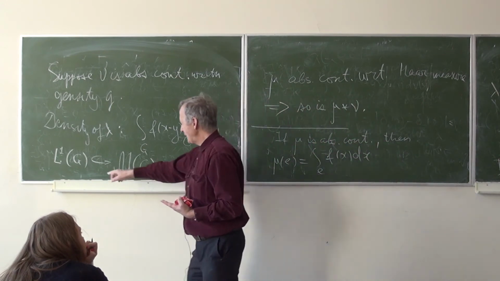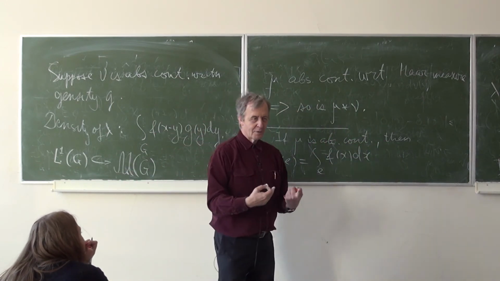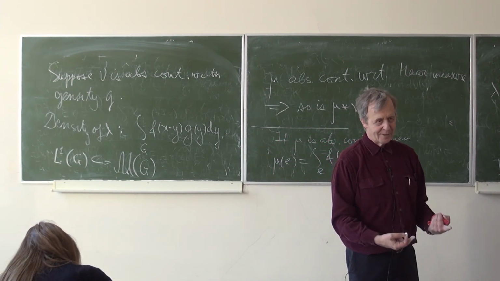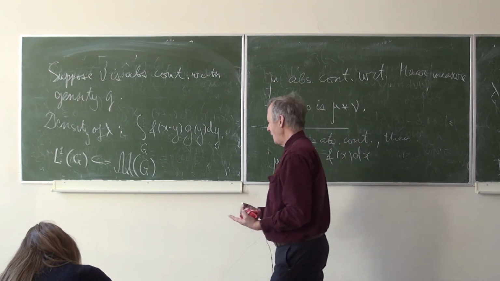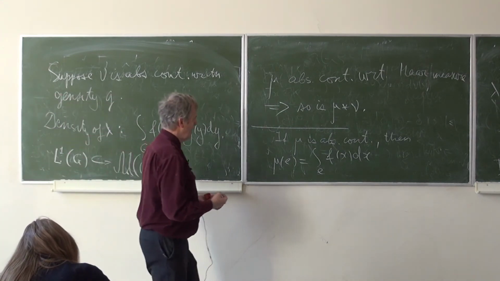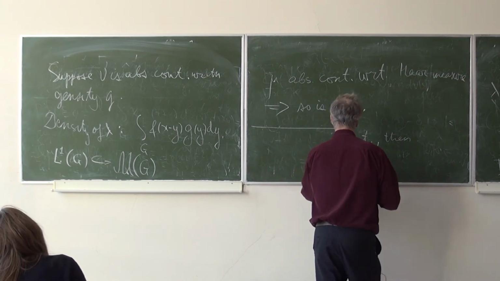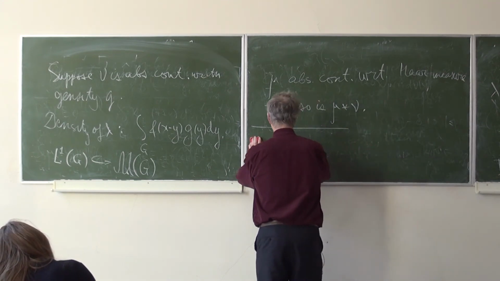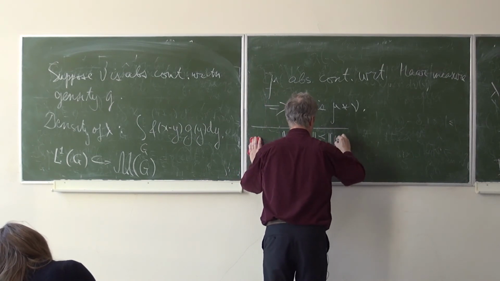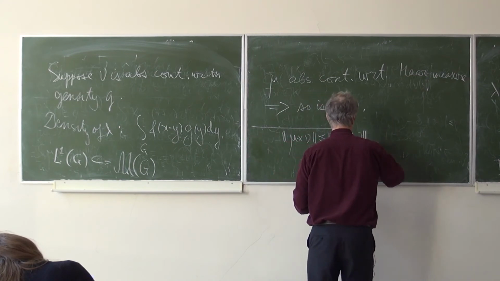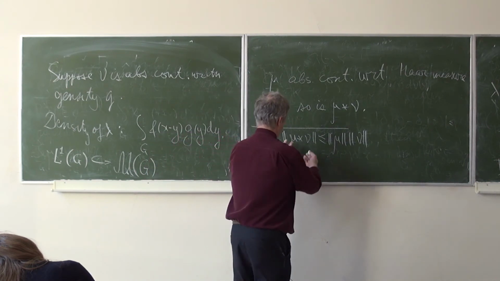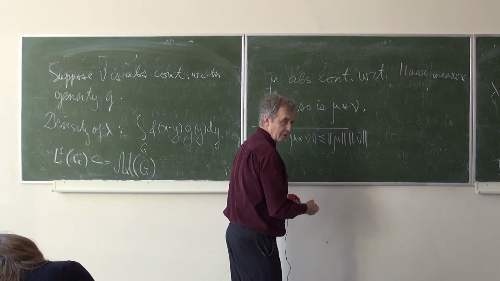Also, moreover, this is an ideal here, because if we convolve any absolutely continuous measure with any other measure, we obtain an absolutely continuous measure. Yes, this is an ideal. Now, what else? We have this inequality. The easiest way to use this is to view this as the functional on the space of continuous functions.